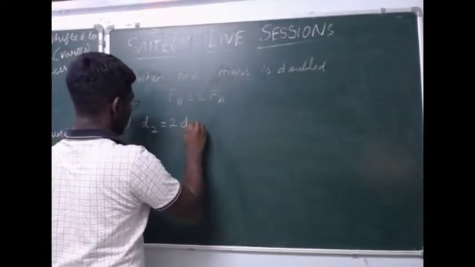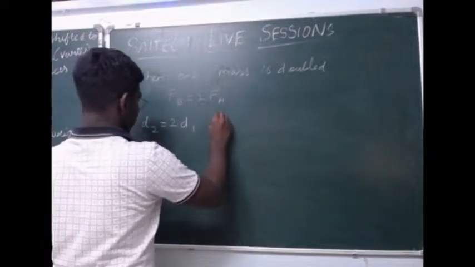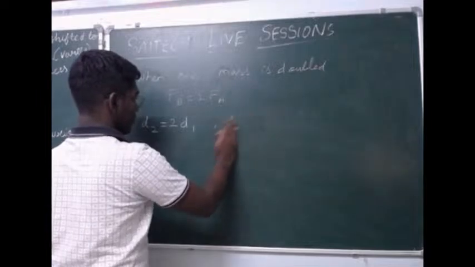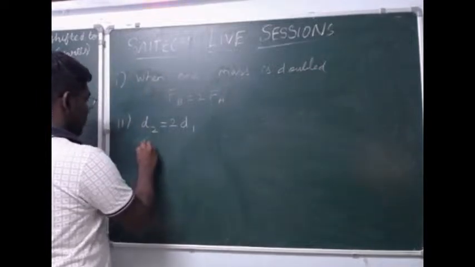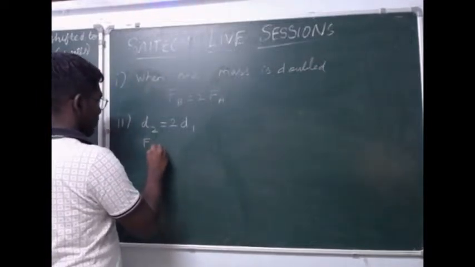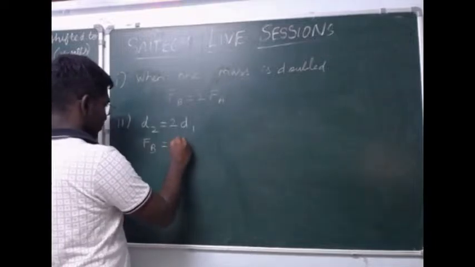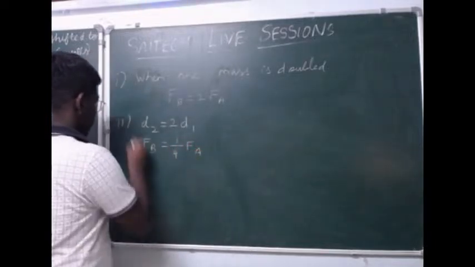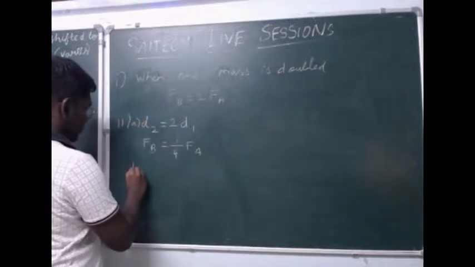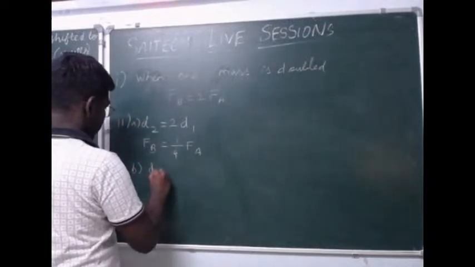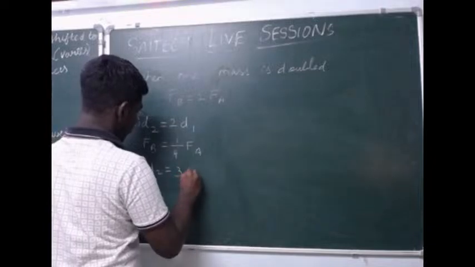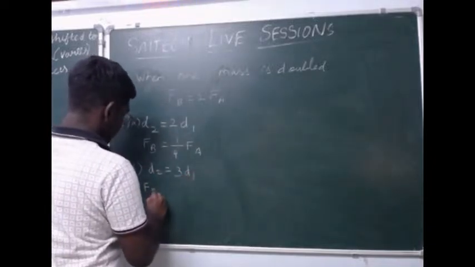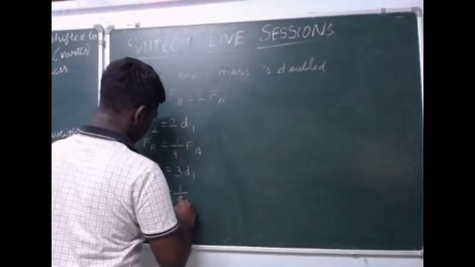Then FB becomes, one by one you can go, FB becomes how much? 1/4 of FA. So what is the next question in the subdivision 2? When D2 is tripled of D1, FB is equal to 1/9 of FA.